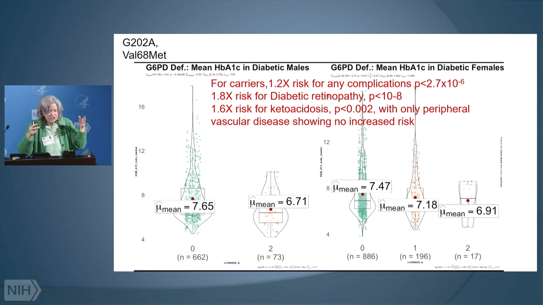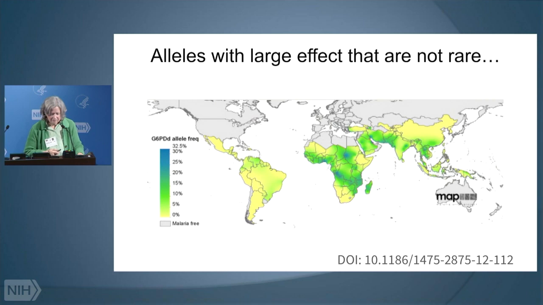I mean, it's hugely consequential in cost to have people go blind. And as I say, these alleles are not rare. On this particular biomarker, they have a big effect. They have effects on other biomarkers too, because of the red cell hemolysis. The adaptations to blood-borne pathogens are going to have big effects on a lot of things we measure in blood.